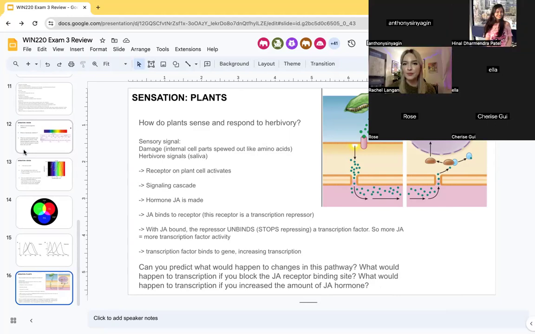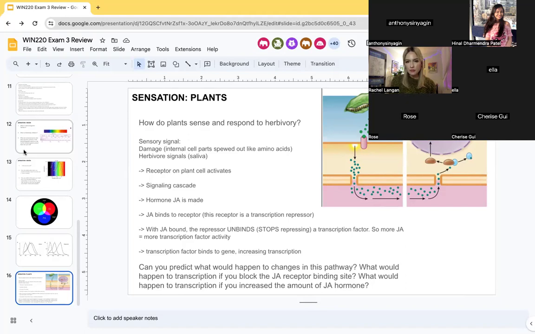Anthony, yeah. I was wondering if the repressor just doesn't work in general, then the addition of jasmonate just wouldn't affect anything, right? Because then transcription would just be constantly occurring. Say that again, sorry. What was it? Let's say the repressor is broken, like something happens to the repressor, then there's nothing repressing the transcription factor from binding to the promoter, right?